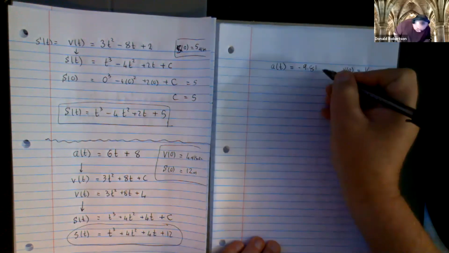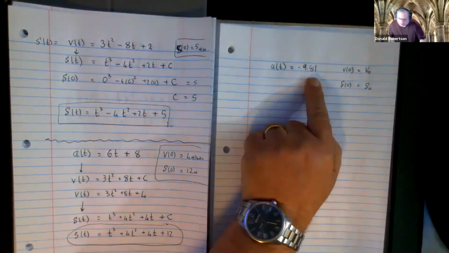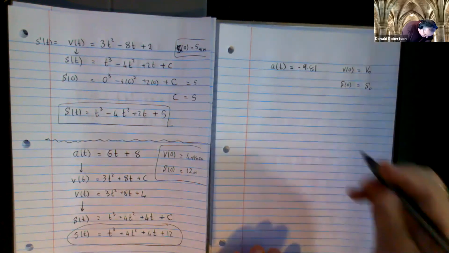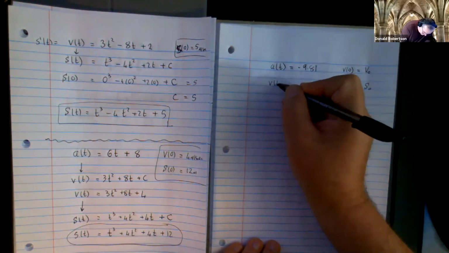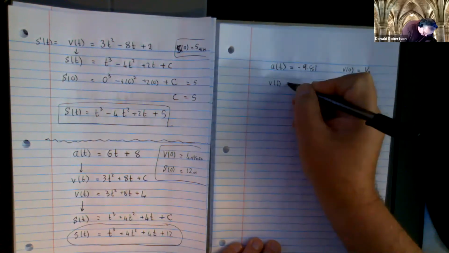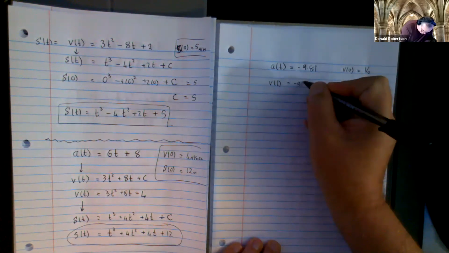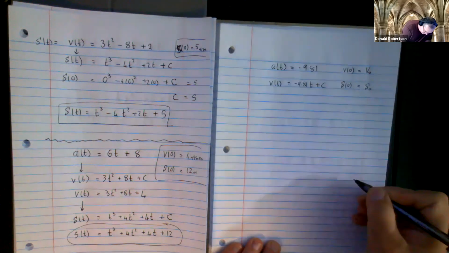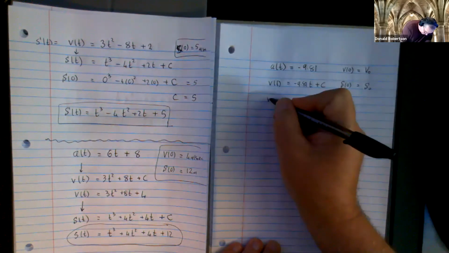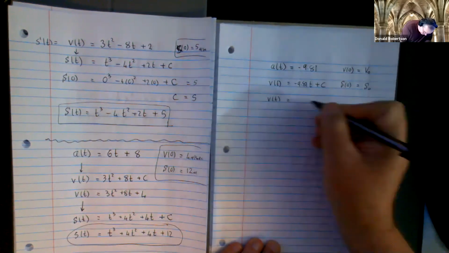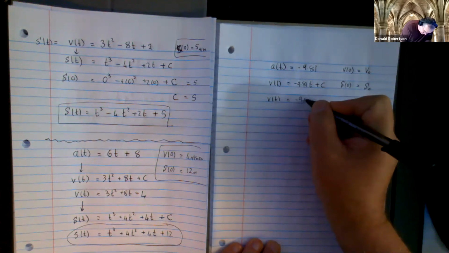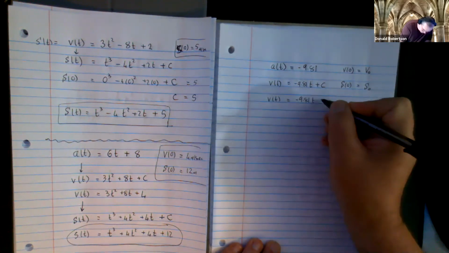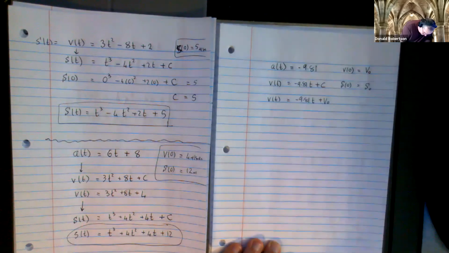So gravity is that. If you find the antiderivative, you get negative 9.81 t plus c, and c is that. So the velocity is negative 9.81 t plus v naught.